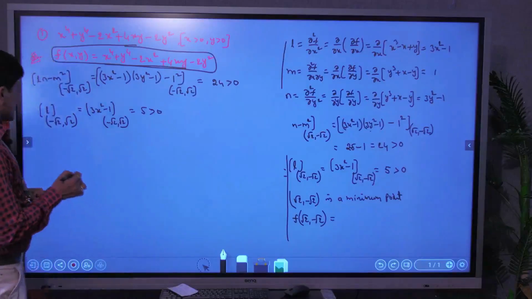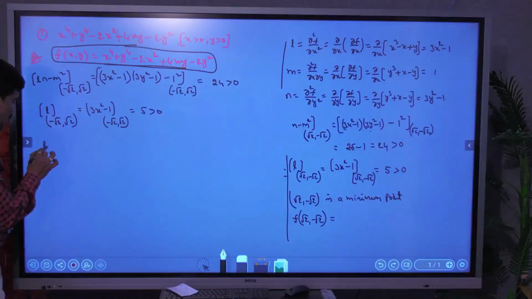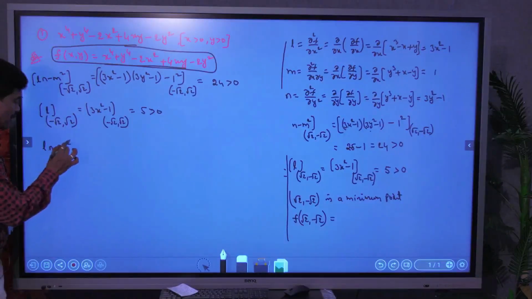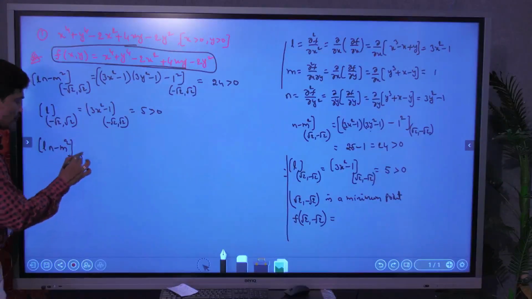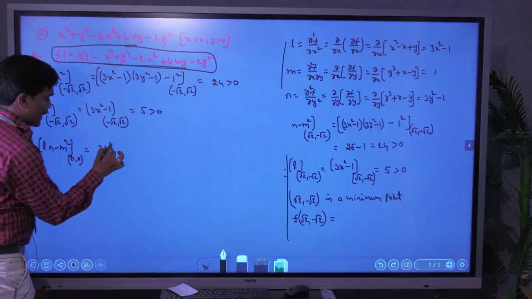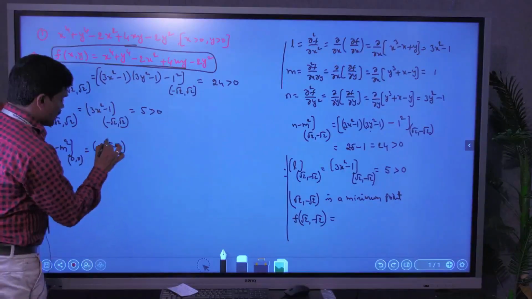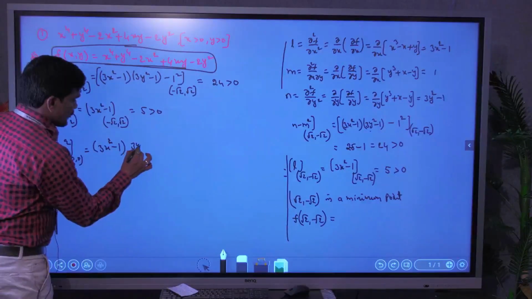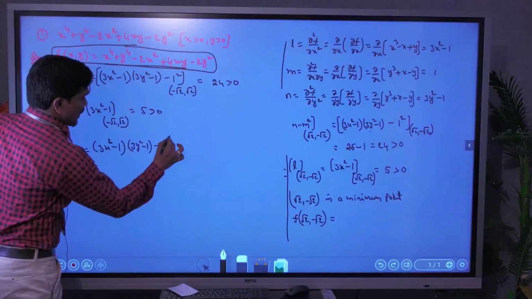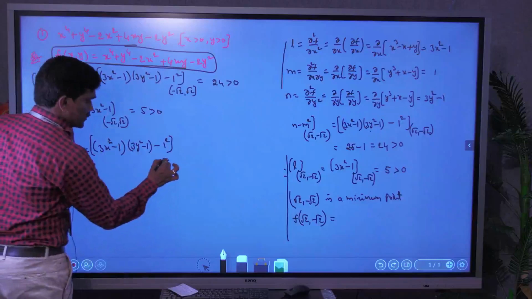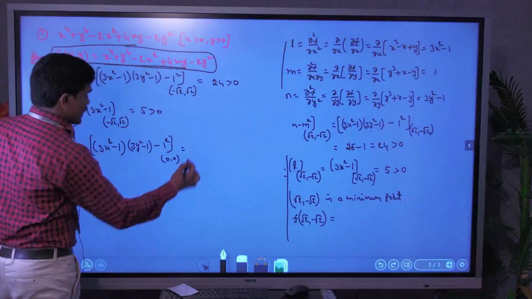Now next point is ln minus m square at 0 0. Here ln minus m square is (3x square minus 1)(3y square minus 1) minus 1 square. Now at point 0 0, what is the value here?